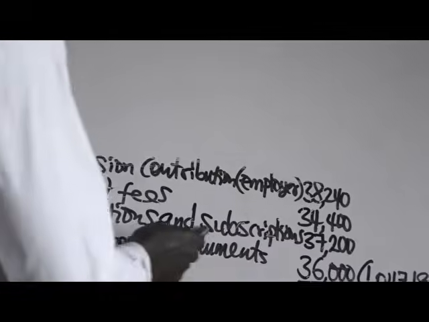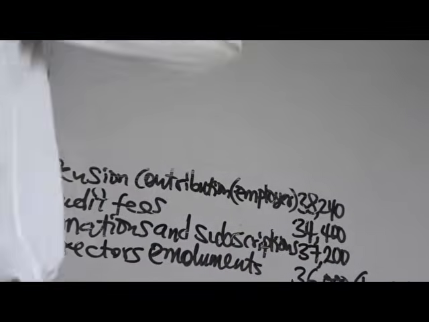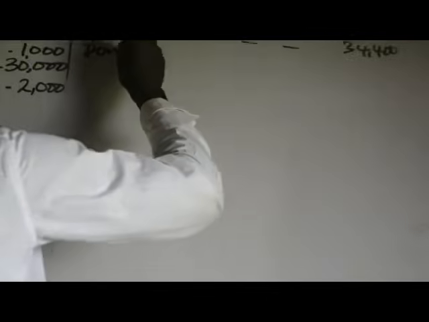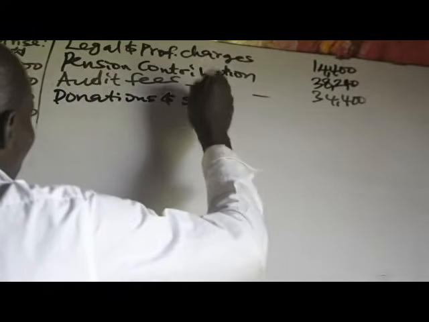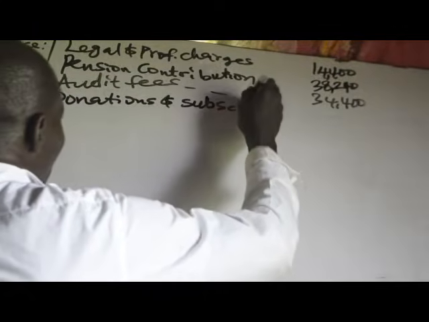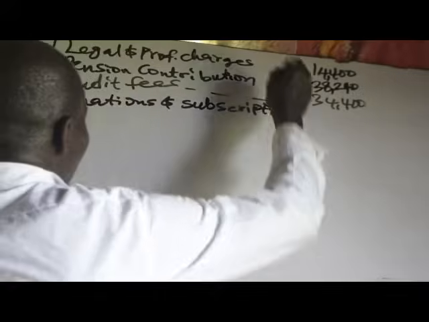Then we also have donations and subscriptions. Legal and professional charges, that is working 4. So donations and subscription, let me have working 5.